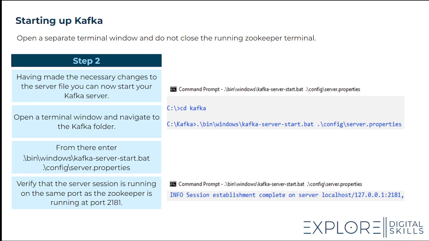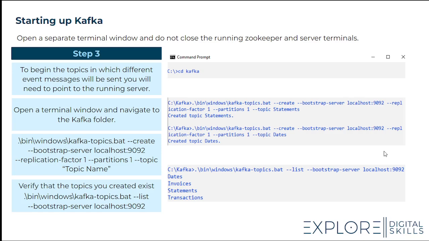So let's actually look at how we would then organize our topics. And I've given you this particular one as well. So once again, you would CD into the relevant Kafka folder. So you open up a new terminal and CD into the correct Kafka folder.